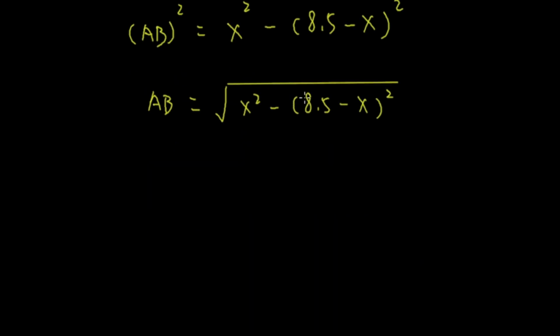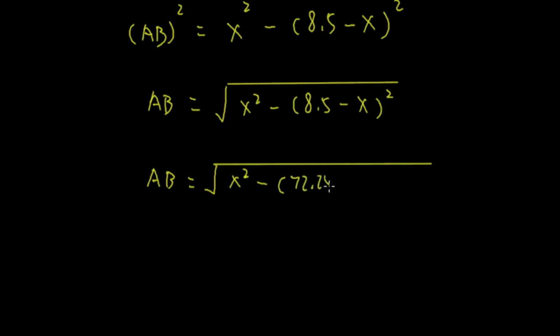Okay, so if you expand this, you have AB equals the square root of x squared minus (72.25 minus 17x plus x squared). Once you take out the bracket, the x squared and the x squared will cancel out, and this side here will flip.